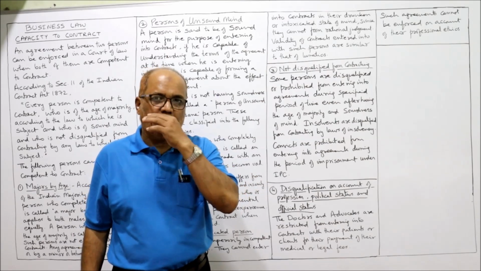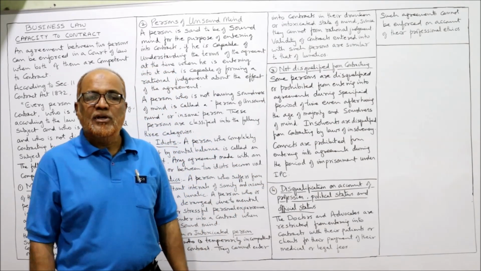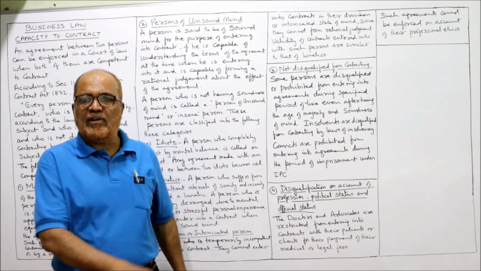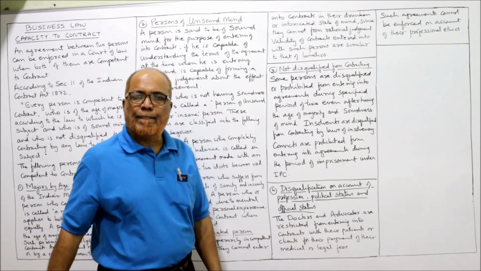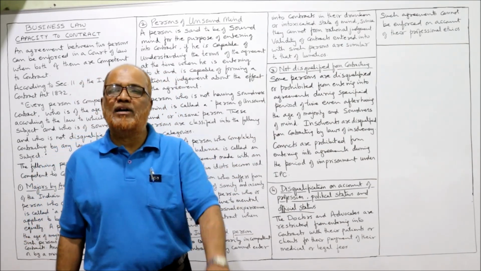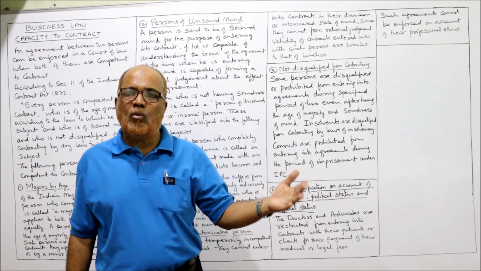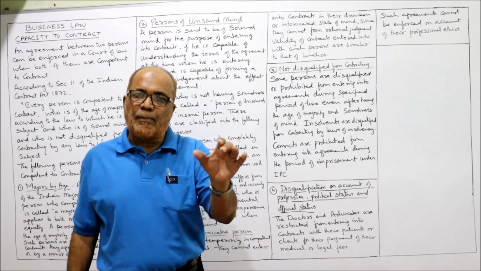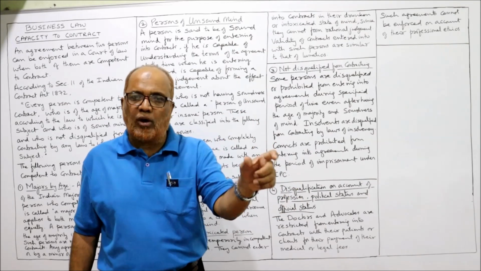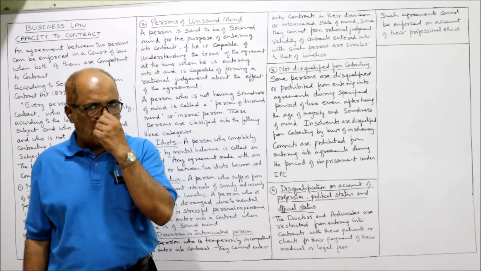So these two examples I have given, insolvency and convict, are persons disqualified from entering into contract by a specific law. Apart from this, many more cases are there where a separate law will restrict or prohibit a person from entering into a valid contract.